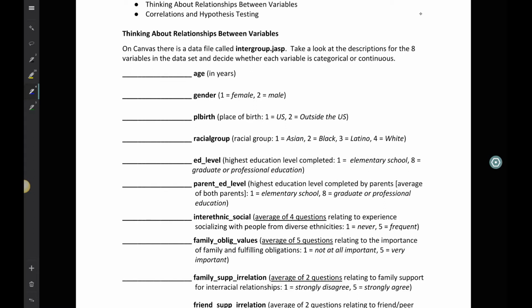So age in years, gender, 1 equals female, 2 equals male. PL birth stands for place of birth, and it gives you the code 1 for the US, 2 for outside the US. Racial group, and then the codes for groups Asian, Black, Latino, and white.